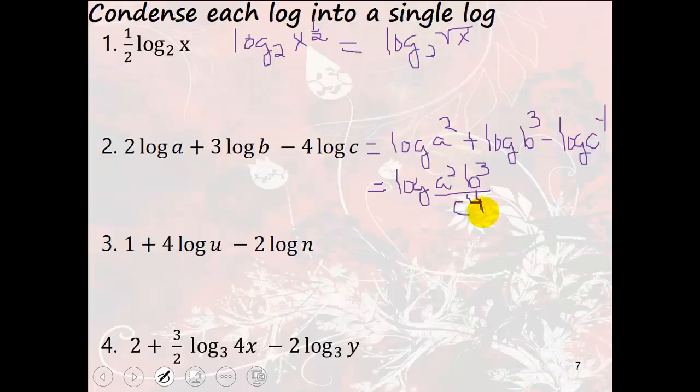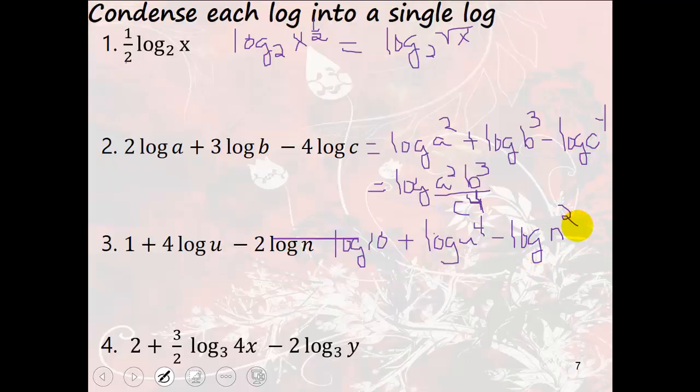All right. Here's an example on number 3 where we have a 1 as a term. So I'm going to write it as log base 10 of 10, plus, now for the second term, I'm going to move my coefficient up to the power, log base 10 of u to the 4th, and then minus log base 10 of n squared.